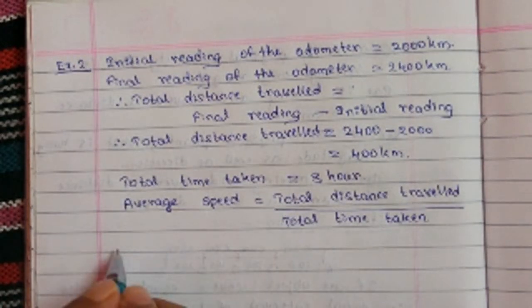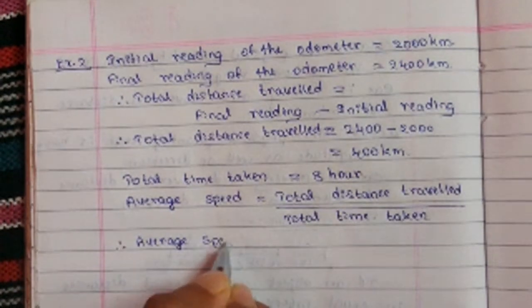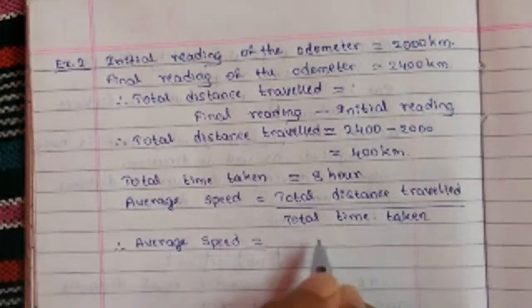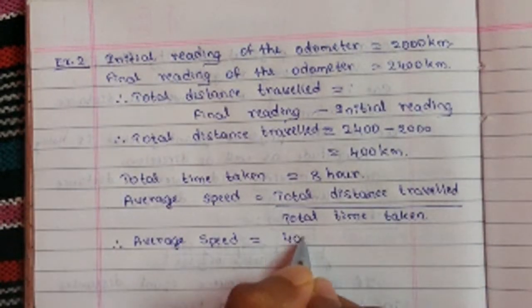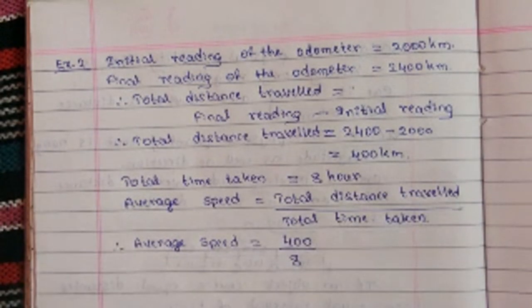So therefore average speed equals total distance traveled, 400 kilometer, divided by total time taken, 8 hours. Just comment me the answer fast.